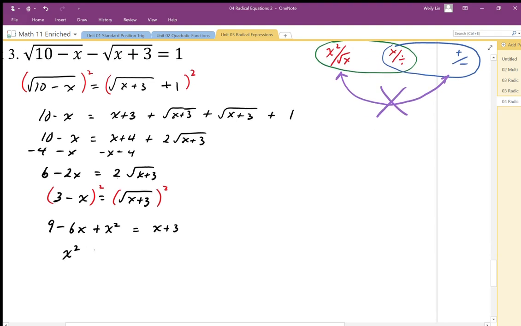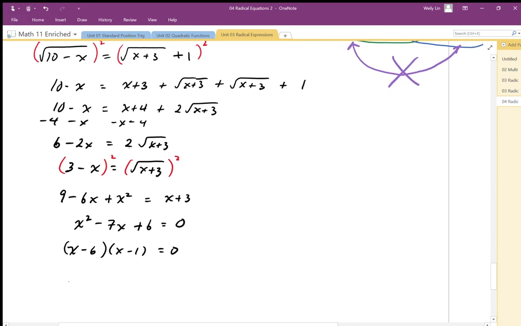Make it equal to 0. So I've got x squared minus 7x plus 6. This is factorable. I get x minus 6 times x minus 1 equals 0. So I end up with x equals 6 and x equals positive 1.